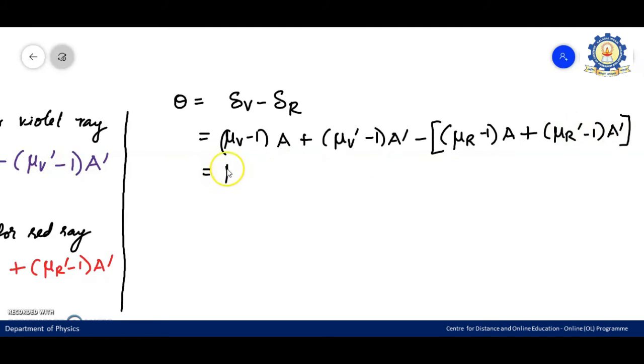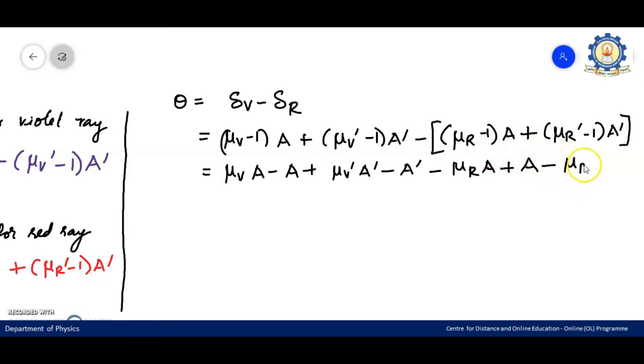So when you remove the brackets, you get mu V into A minus A plus mu V prime A prime minus A prime minus mu R into A, minus into minus plus, you get A, minus into minus plus, and minus into plus is minus, minus mu R prime A prime, and you get the end to be plus A prime. We'll cancel out the similar terms, that is minus A plus A, minus A prime plus A prime.